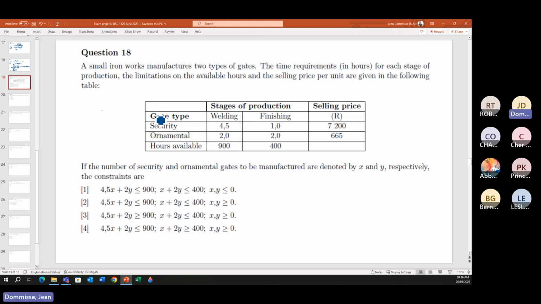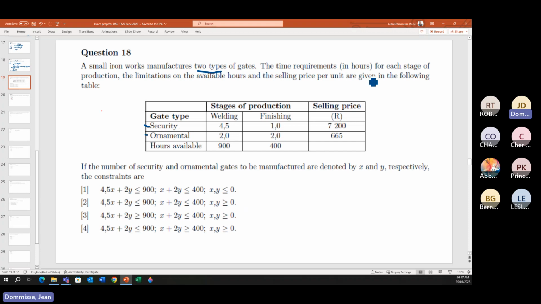But okay, so let's look at this one and let's see what they are telling us. So they talk about a small ironworks manufacturer manufacturing two types of gates. So the one gate is security gate, the other one is ornamental. And then there are times required for each stage.